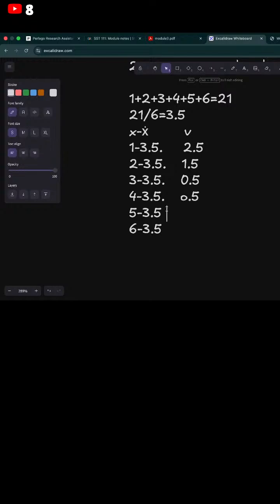So we have 5 minus 3.5, it gives us 1.5.